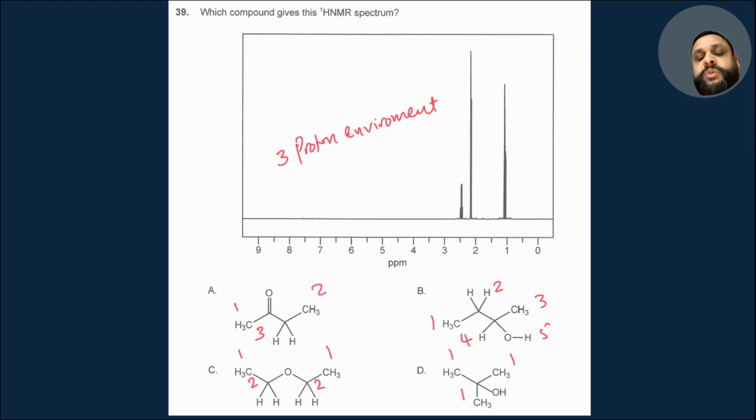So then we have a proton with OH. So we have 2 proton environments. We're looking for 3 proton environments. So compound A has 3 proton environments, hence option A is the correct answer.